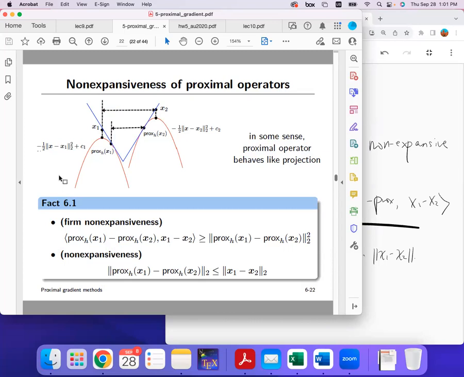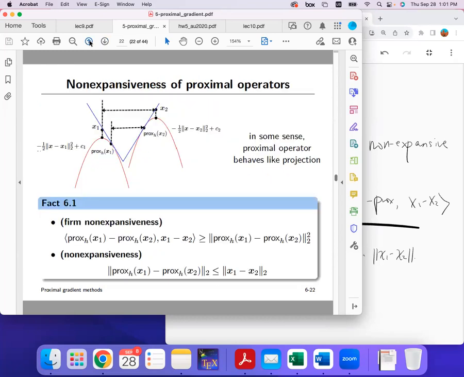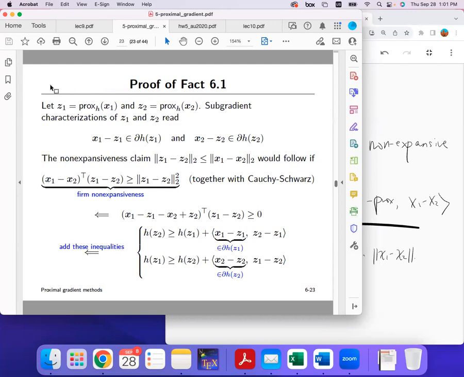It's a nonlinear operator, but it's well-behaved. Yeah, and we can prove this in a fairly easy way. Proof of fact 6.1. Let's see how. Let's look at the proof.